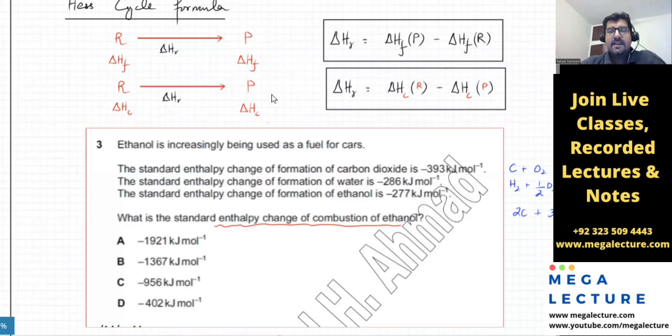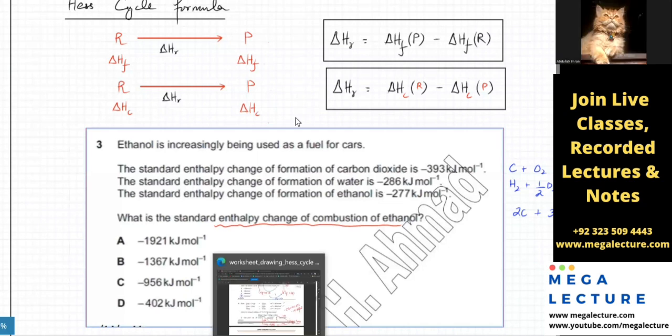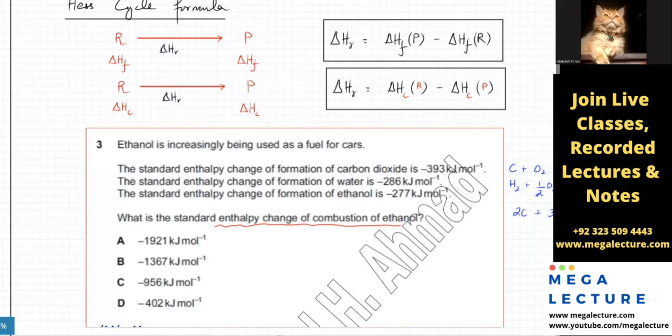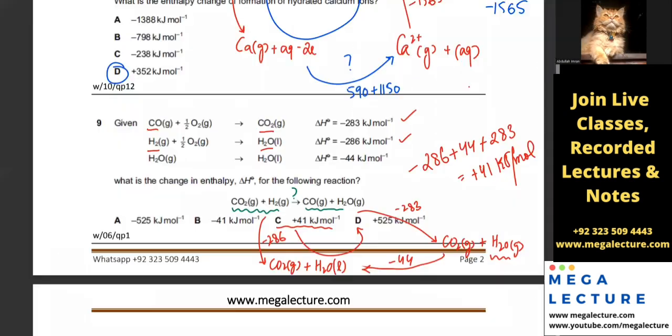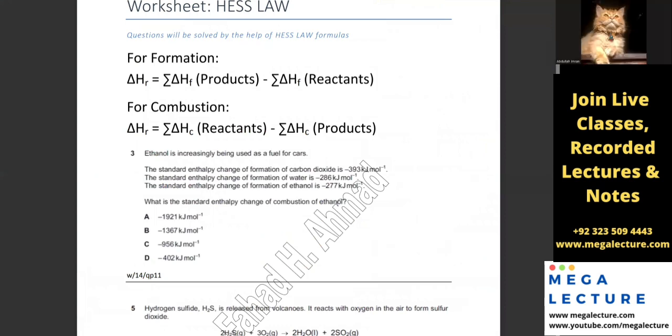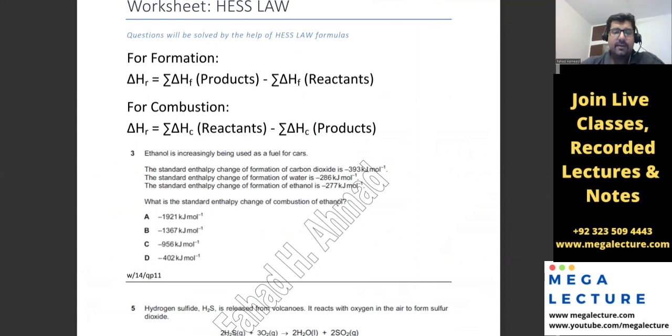Because burning carbon dioxide with oxygen will produce carbon dioxide, which means you didn't do anything. Burning water, so enthalpy of combustion of water is also 0. You can remember that. So let's try and do the formula questions.